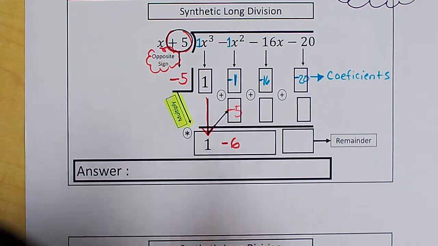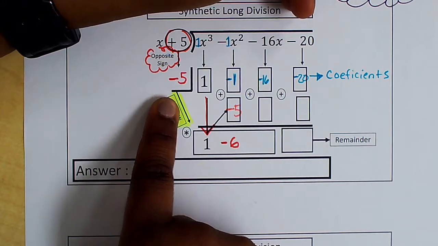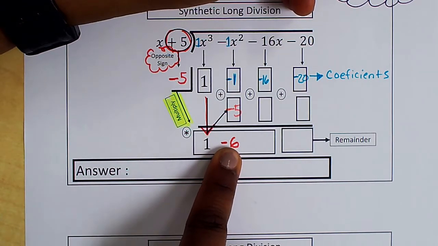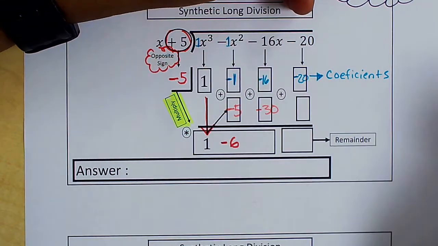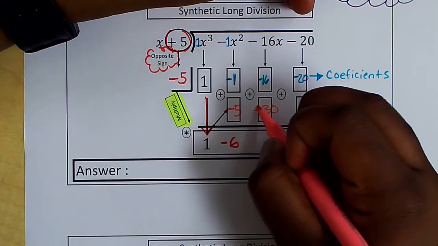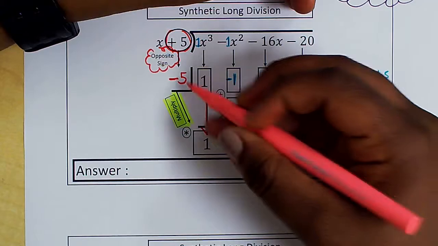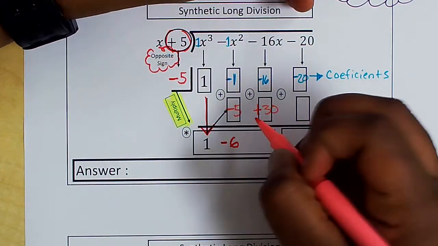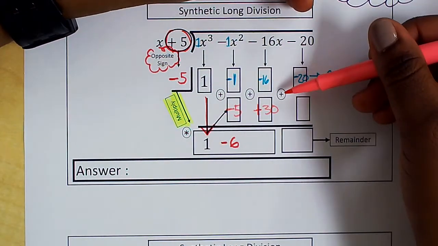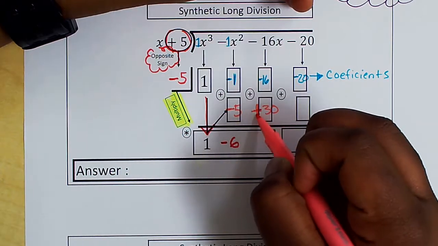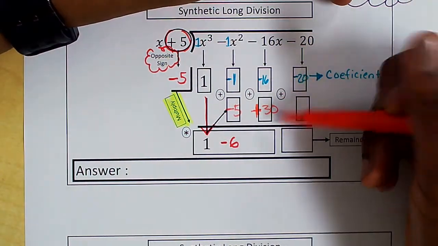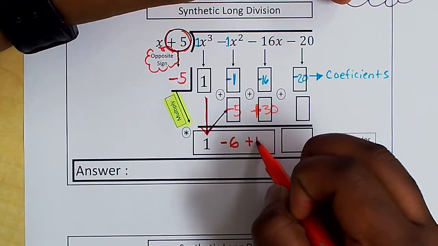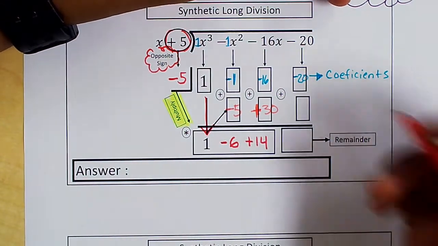Then we're just going to multiply again. -5 times -6 is -30. Oh, no, it's +30 because a negative times a negative is a positive. So -16 plus +30, if I use my calculator, that will equal +14.